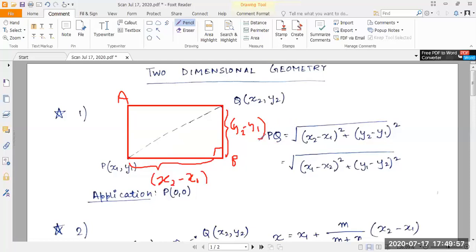If we write it like this, then PB will be written as x2 minus x1 square. So PQ is equal to root over PB square plus QB square. Next I replace PB square with x2 minus x1 whole square, and I replace QB square with y2 minus y1 whole square.